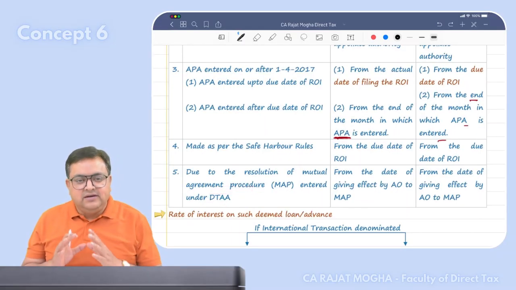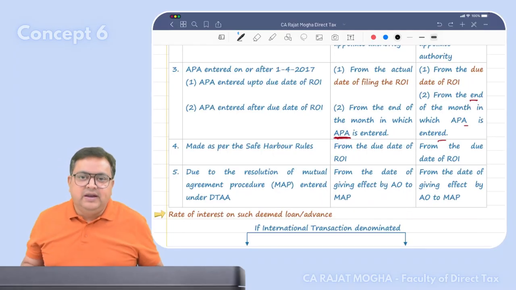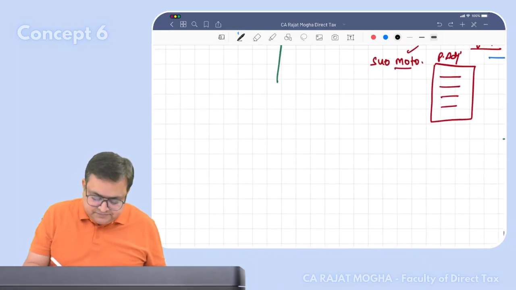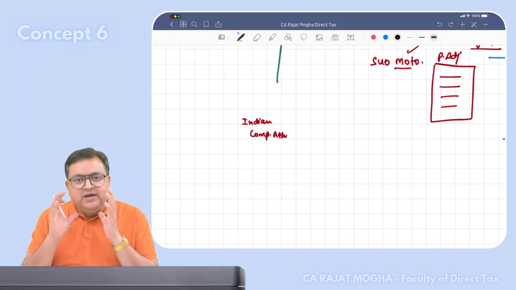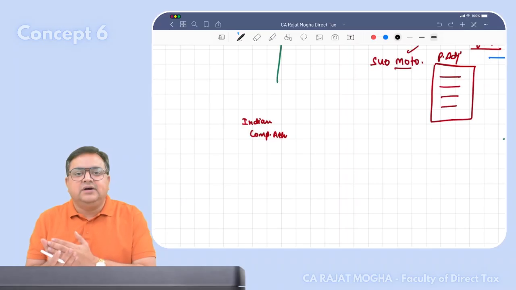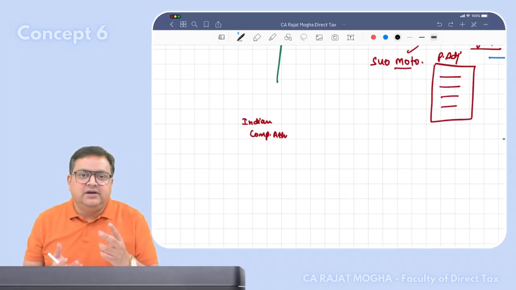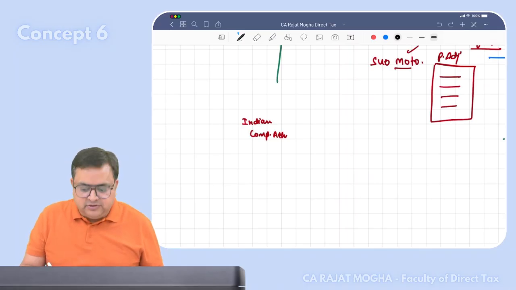See, we understand that although there is a separate topic for it, there is a separate chapter for it, MAP, mutual agreement procedures. See, what happens is, whenever the Indian competent authorities, who are competent authorities, guys, actually, for every country, and especially India also, in India, there is a team of some highly designated joint commissioner, and these are the Indian competent authorities.